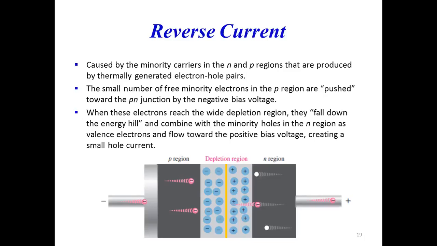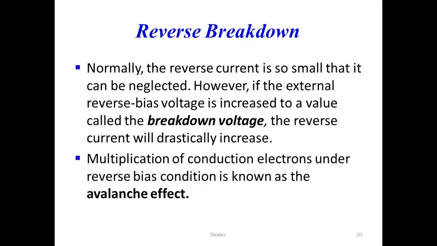Those accelerated electrons will collide with covalent bonds and knock out electrons from the covalent bonds. There will be a sudden increase in the number of electrons and you will get an increase in the reverse bias current. Student, this particular condition should be strictly avoided in a regular diode.